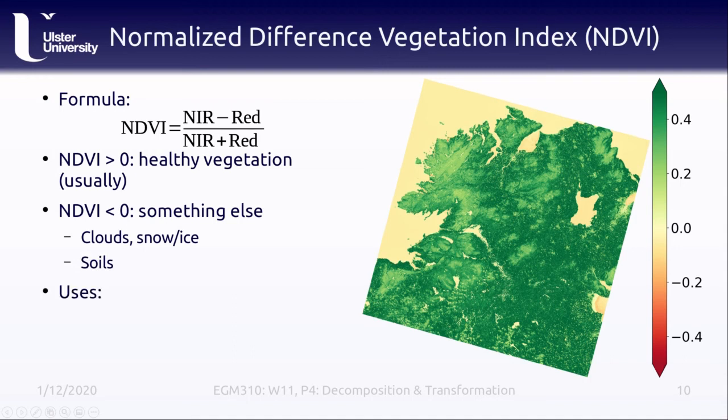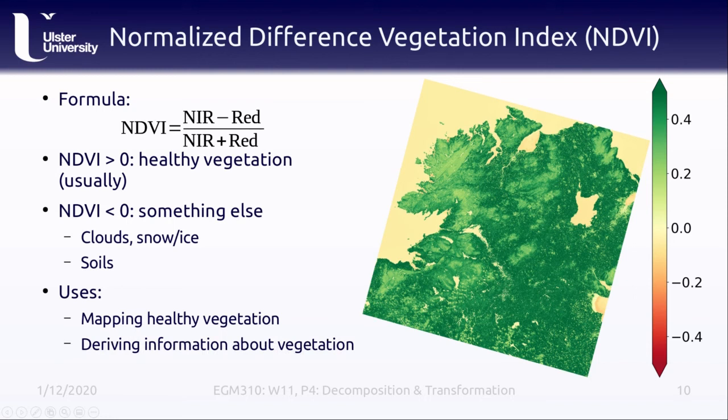We can use the NDVI to help map healthy vegetation or to help derive other information about vegetation, such as the area within a given pixel that is represented by plant leaves, or the chlorophyll concentration within leaves. I've shown an example of this here. We have values saturating at -0.5 and +0.5.